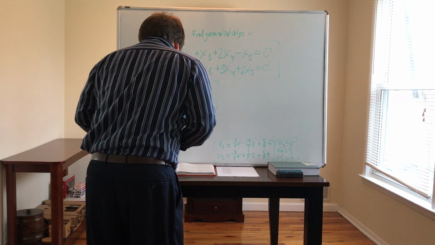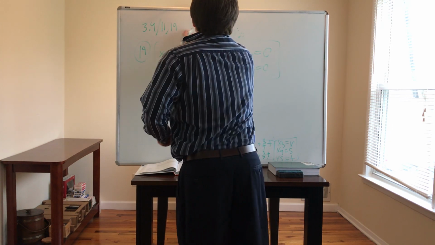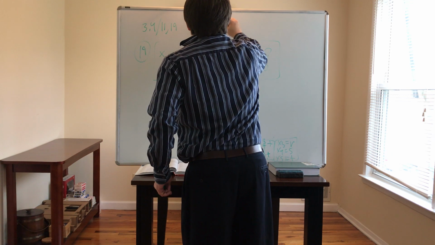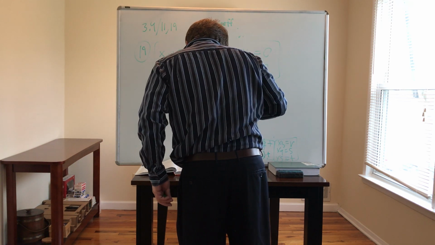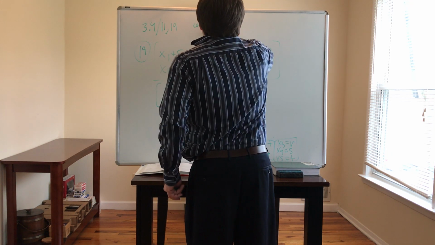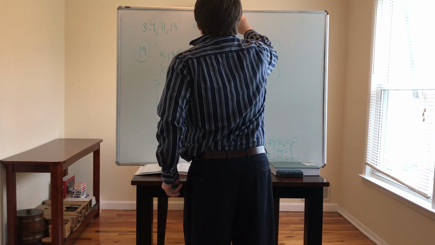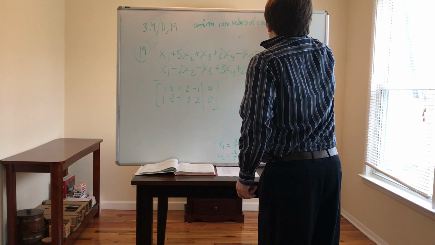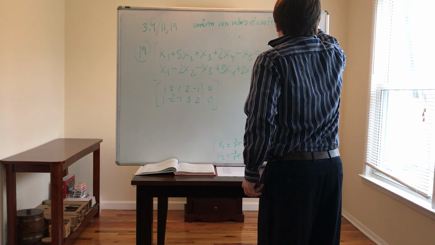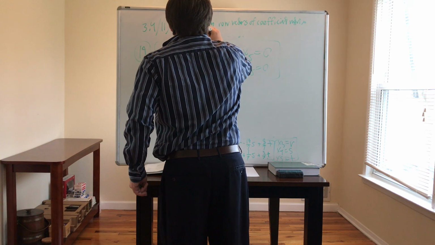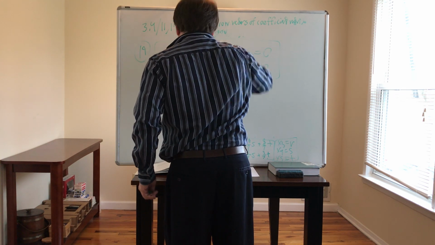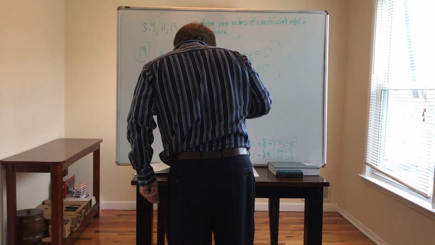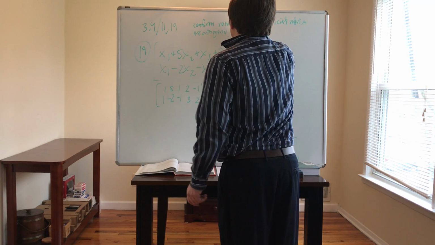The next goal is to confirm, so we found the general solution already. Now we want to confirm the row vectors of the coefficient matrix are orthogonal to the solution vectors.